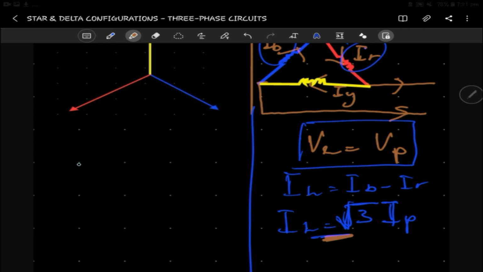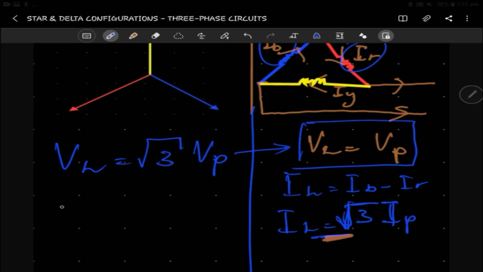So we have the line voltage being equal to root 3 of the phase voltage, right? So you see, it's not the same as that in the delta, right?